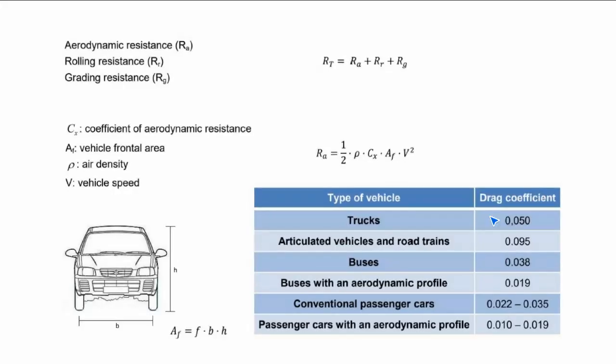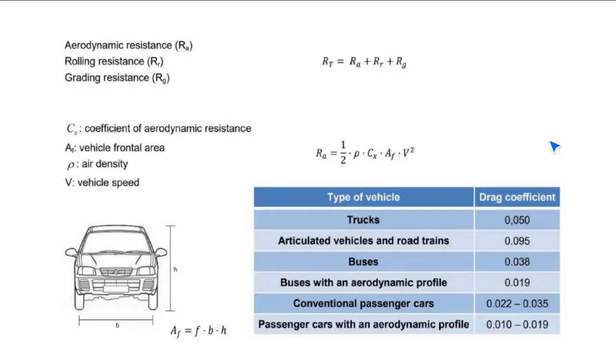Okay. We can start with the aerodynamic resistance. Aerodynamic drag or resistance is produced when the vehicle runs through a fluid medium. It depends on the external air flow around the vehicle body and on the inside air circulation.